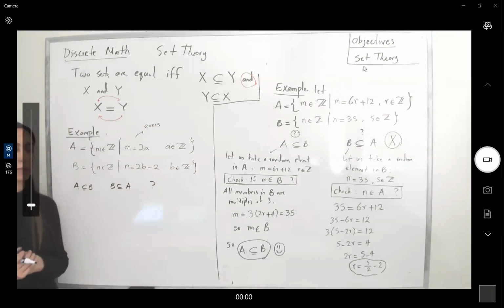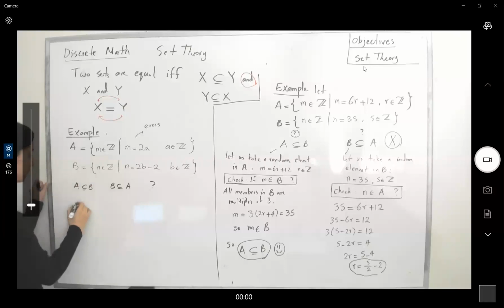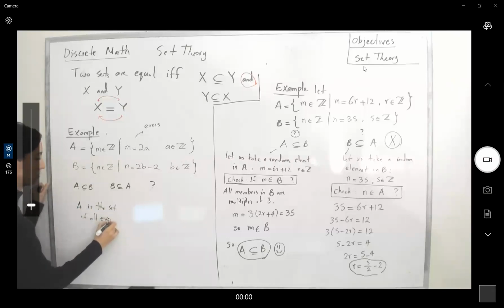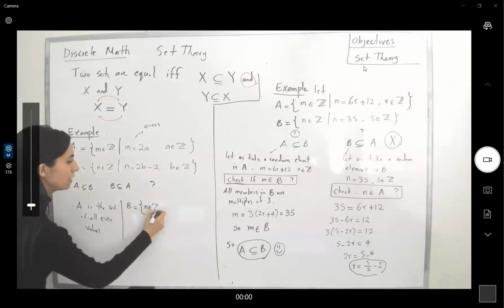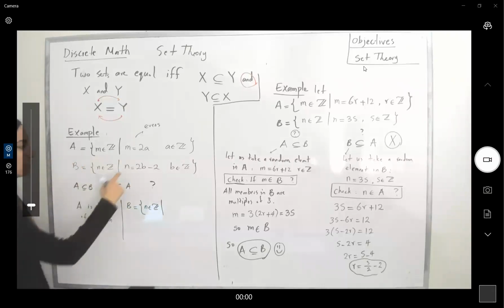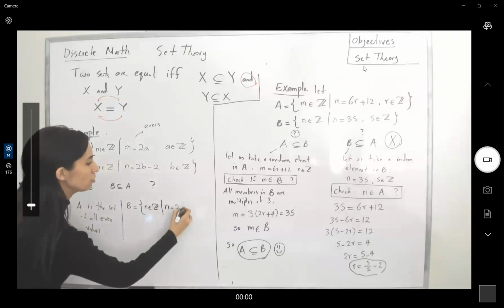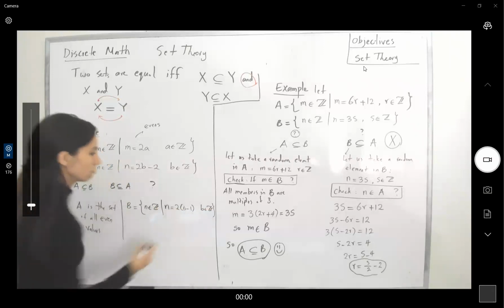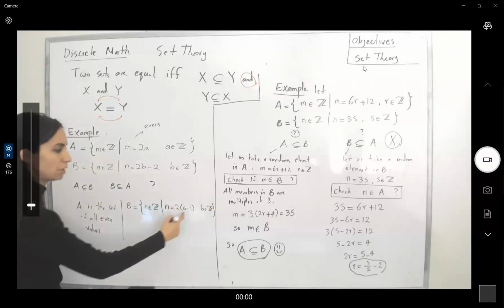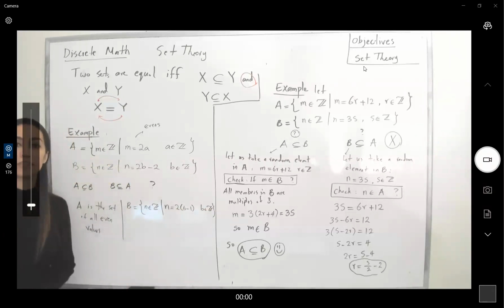Think about it this way. This is set A. A is the set of all even values. Take a look at B. B can be written as the set of all integers such that n is equal to 2 times b minus 1 for some integers. Okay, b minus 1 is just an integer.